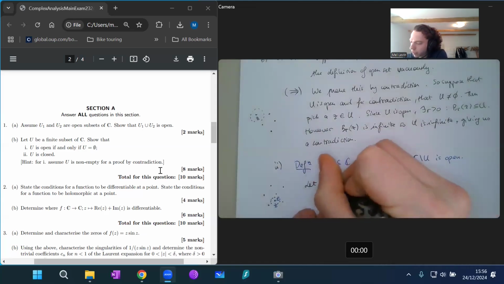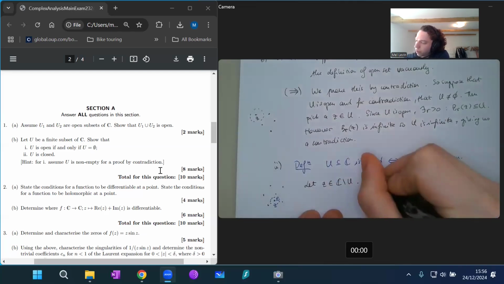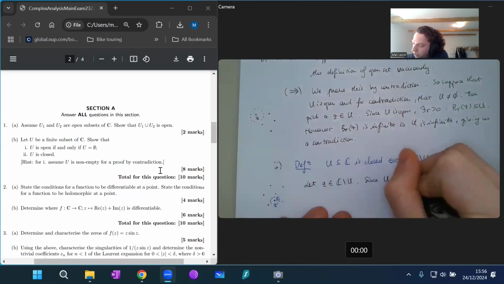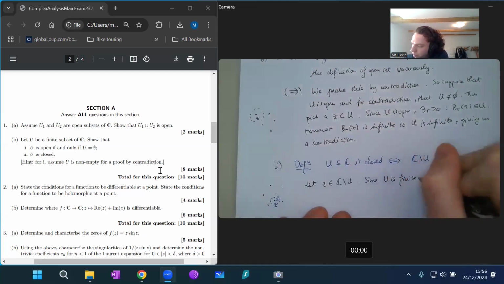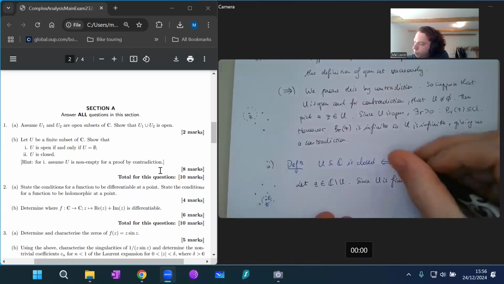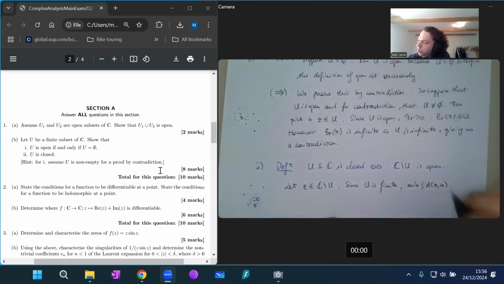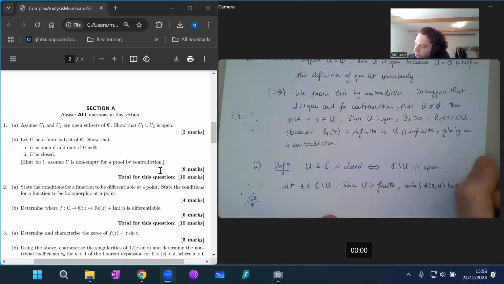So let Z be in the complement. Since U is finite, the minimum distance between Z and u, where u is in U, is a positive number.